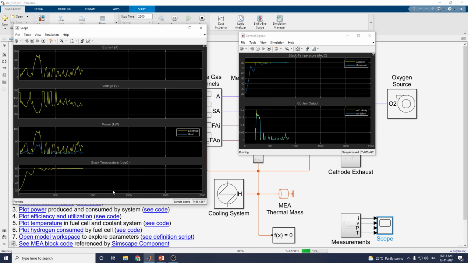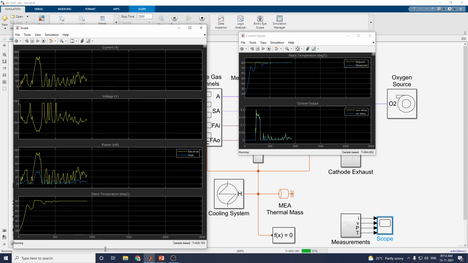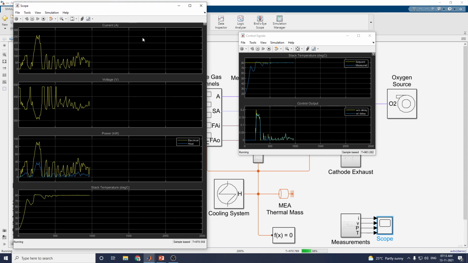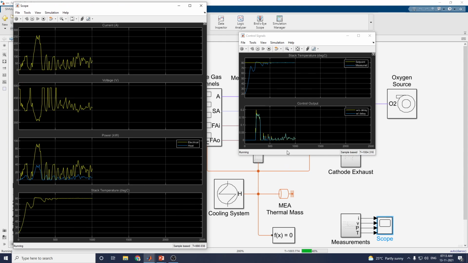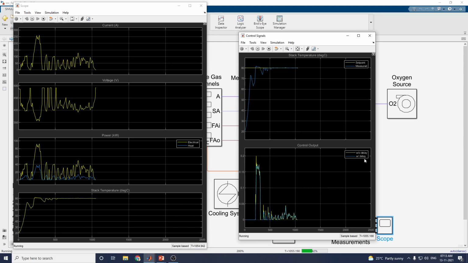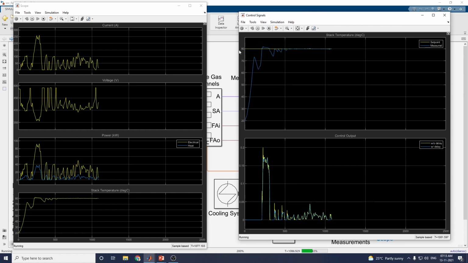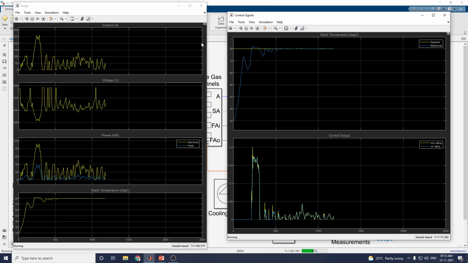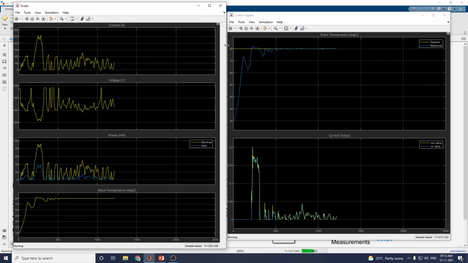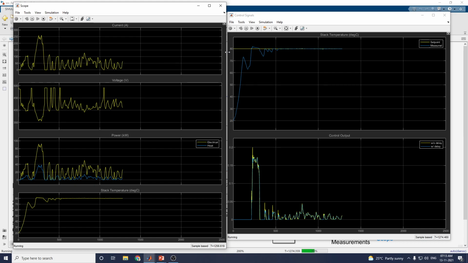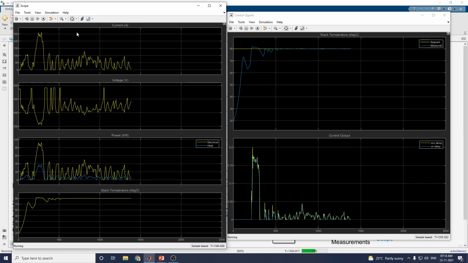You can see the current, voltage and power, and finally the stack temperature. You can see them in parallel by using these Simulink scopes. We can see the output: the stack temperature and control output, the fuel cell current, fuel cell voltage and power, and stack temperature.